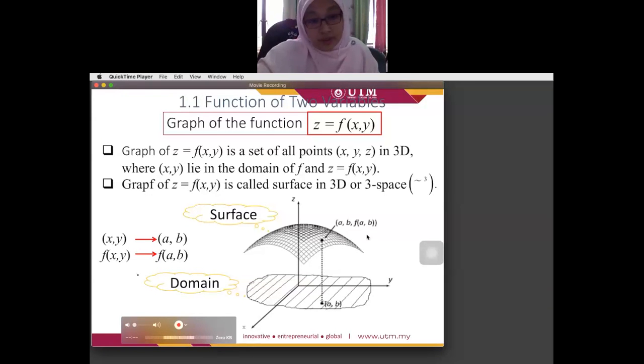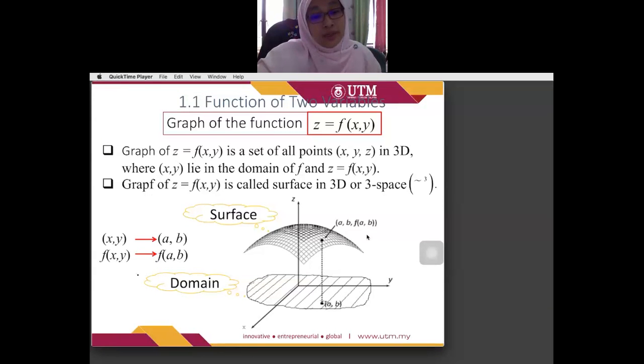Okay, so the domain and range for the two variable functions, we've done that. By now I'm assuming that you can find the domain and range and sketch the domain for any example of a two variable function, and also for a three variable function.